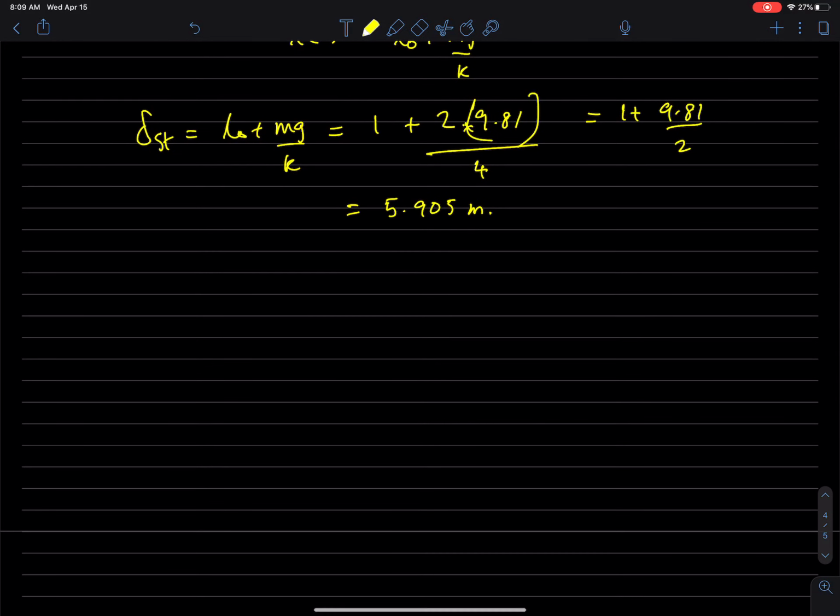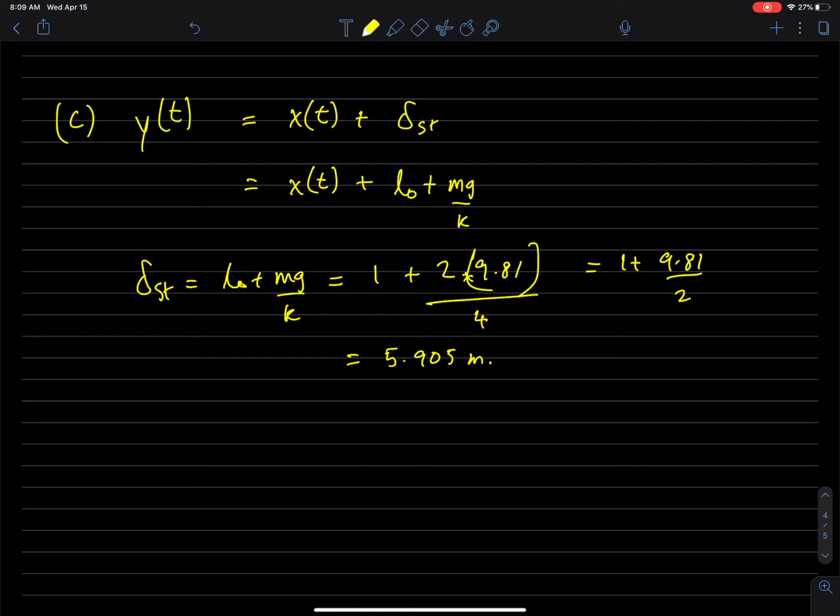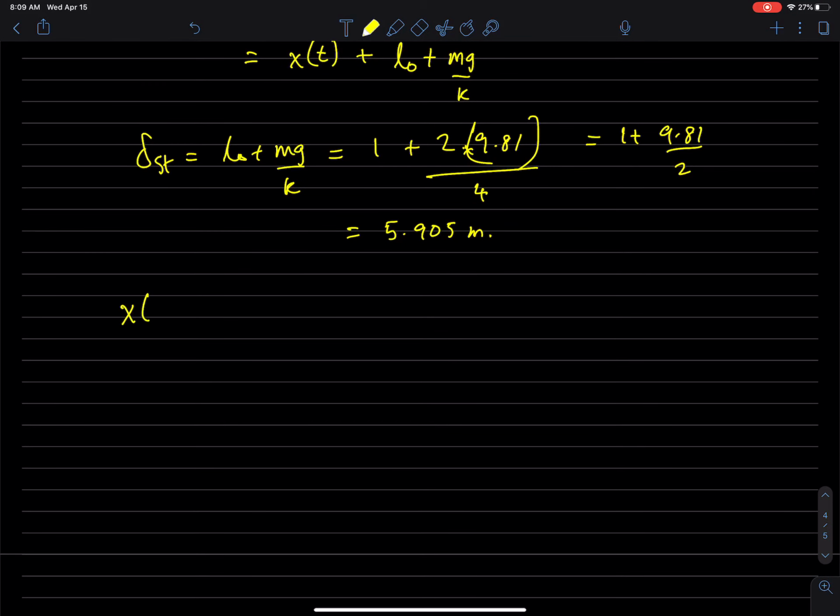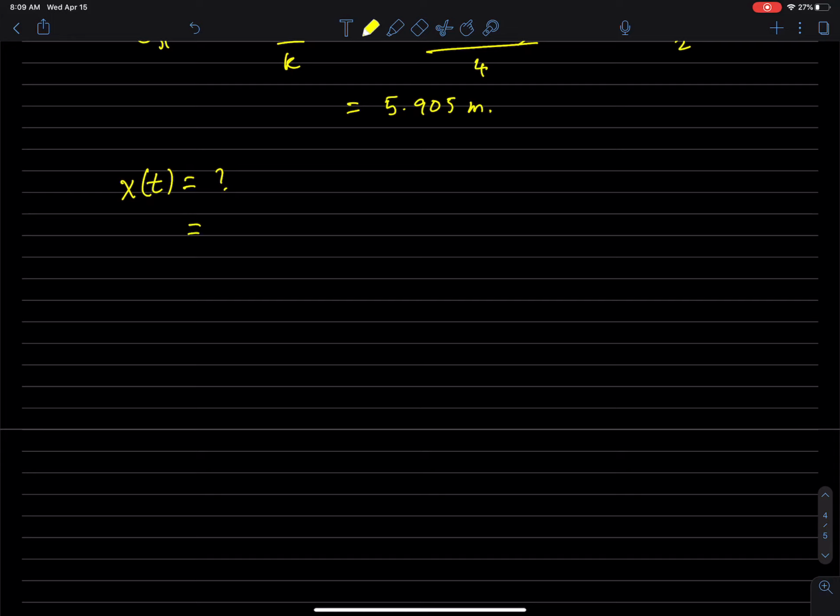And then we say, what is x of t? We recall the formula, which is x of t equals x naught cosine omega n t plus x dot naught by omega n sine omega n t. So that's x of t.